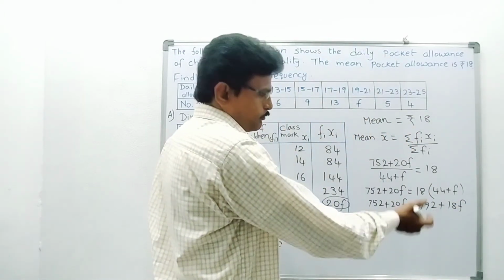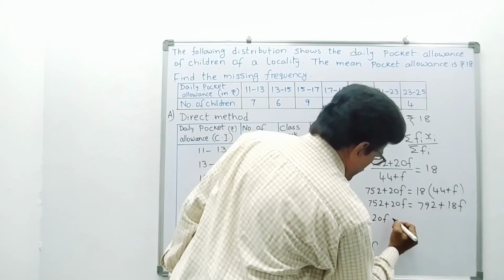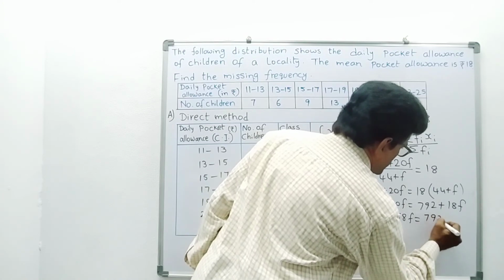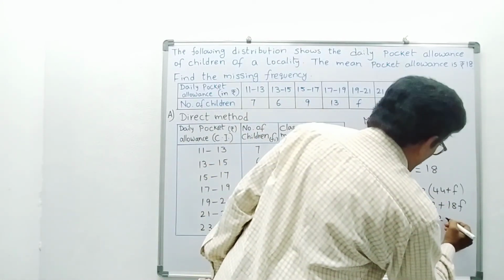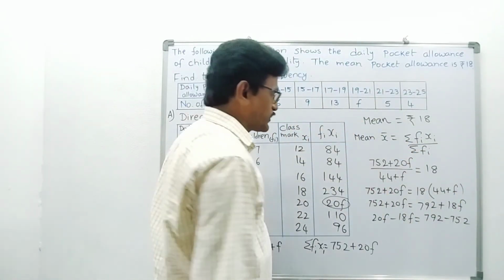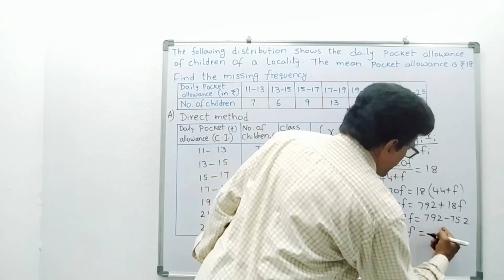Now, subject F, bring to the LHS. Here 20F is there. 18F bring to the LHS side: minus 18F. Now on the RHS side 792 is there. Write down that. Now 752 at a time I am sending to the RHS: minus 752. So numbers on the RHS, subject on the LHS. 20F minus 18F means you will get 2F. Here 792 minus 752, how much is it?